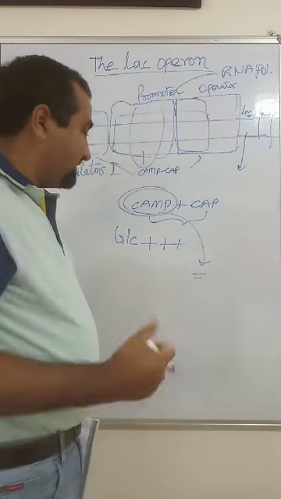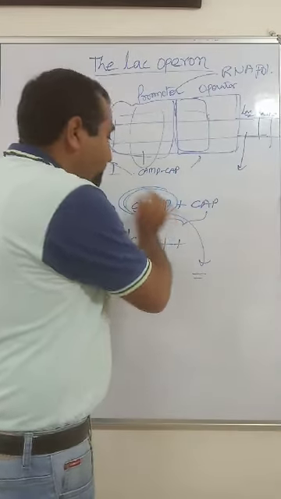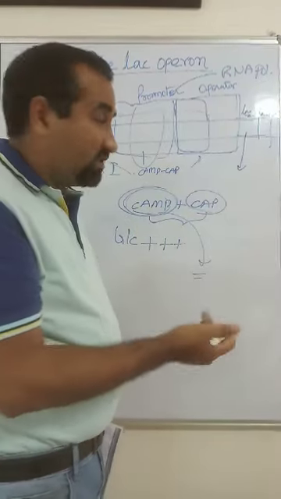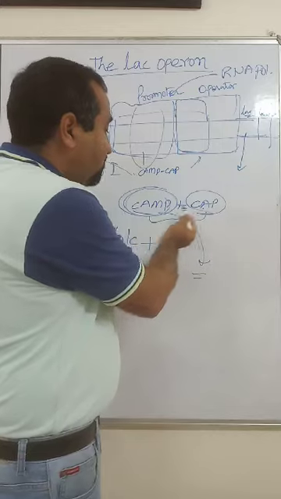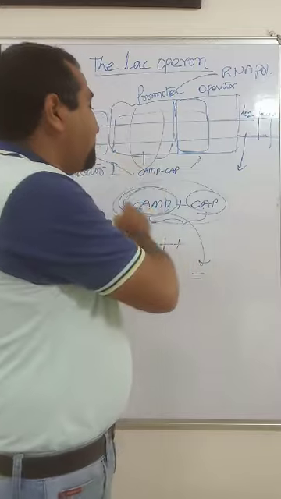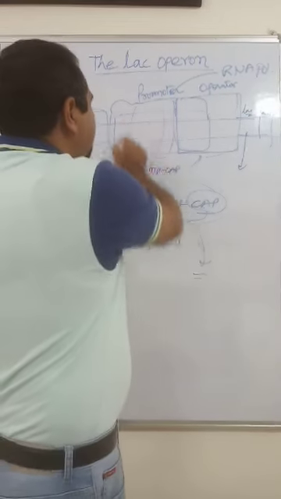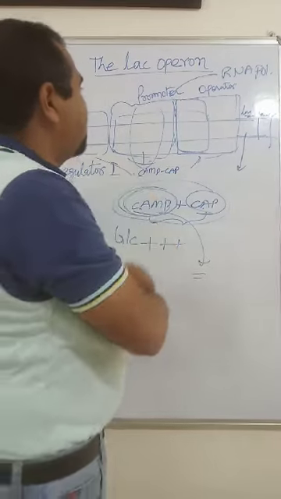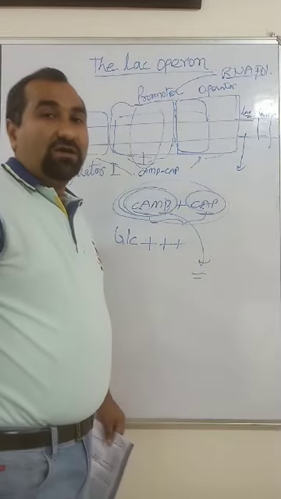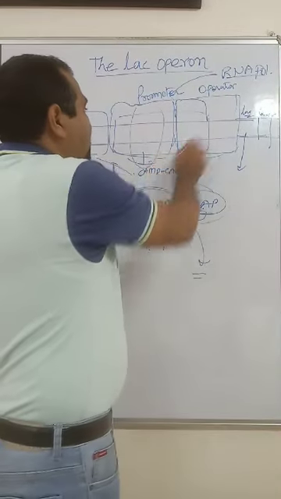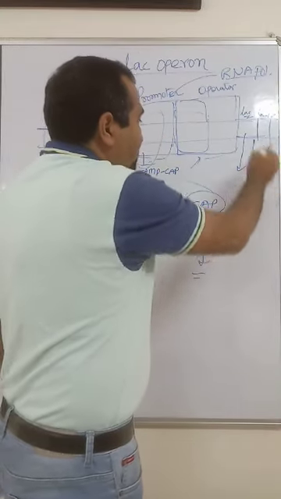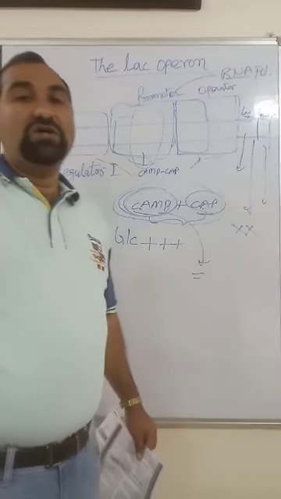If cyclic AMP is not sufficiently present, then the catabolite activator protein cannot form a complex with cyclic AMP, and cannot bind at its respective site on the promoter. Then no one is there to facilitate the attachment of RNA polymerase over the promoter sequence, and hence there is no production of the protein products of these three structural genes.